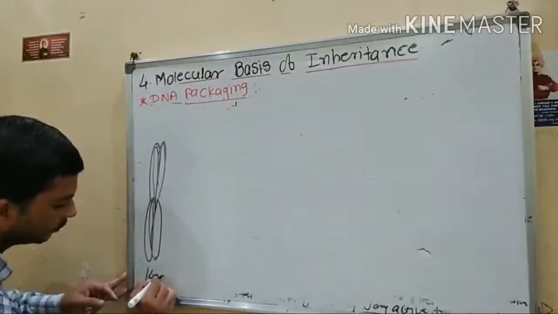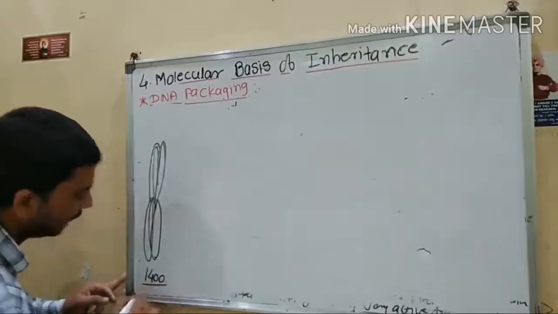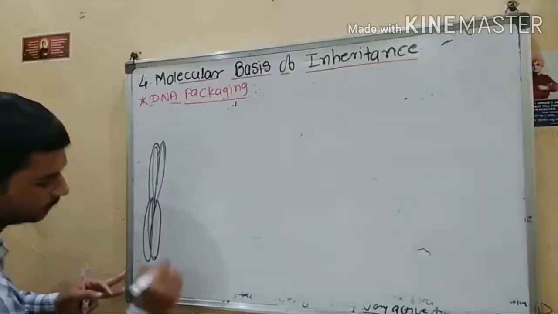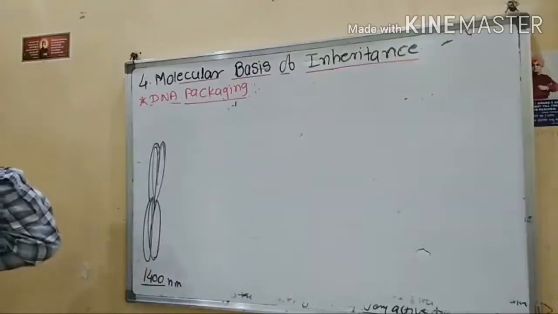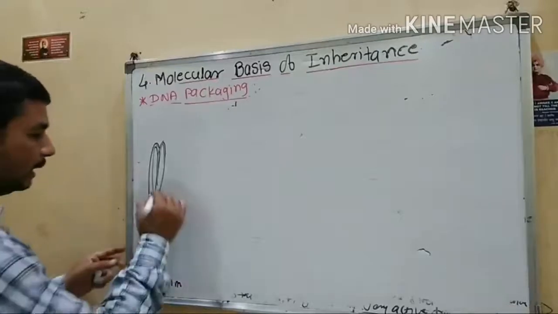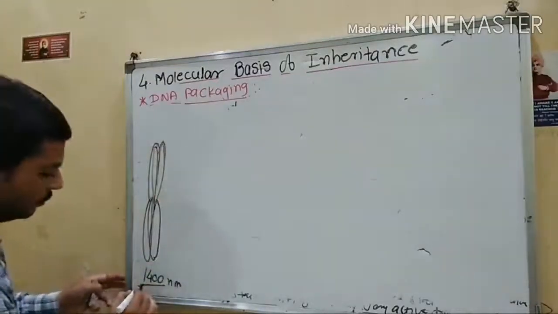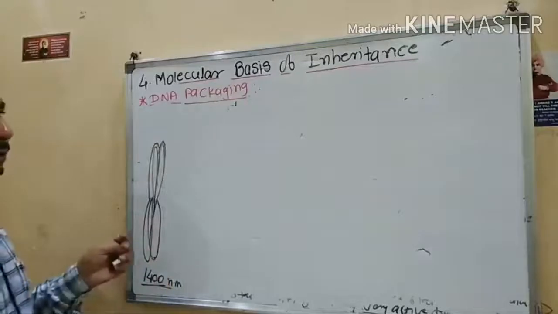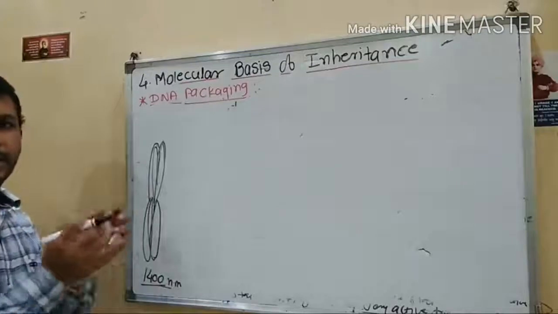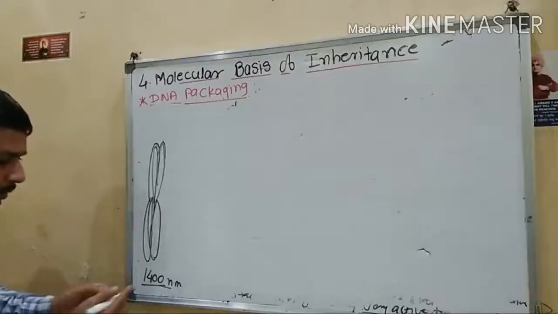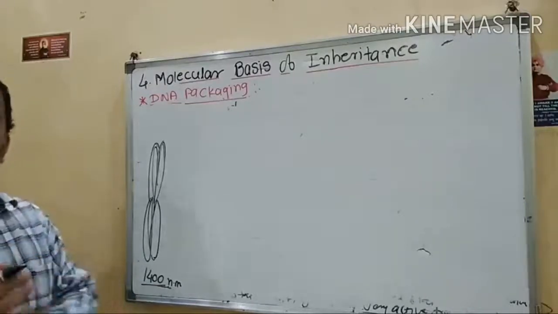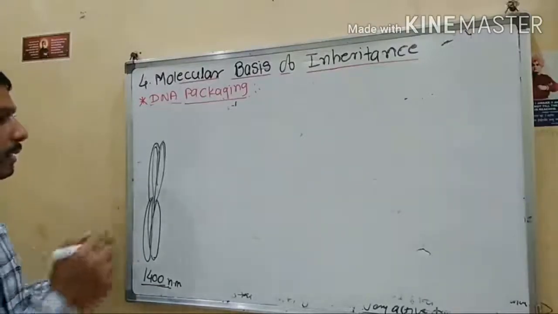The size of this chromosome is 1400 nanometer, and it is condensed to fit inside the nucleus. That's why the nucleus is smaller, and that's why we need to form a superchromatin network.